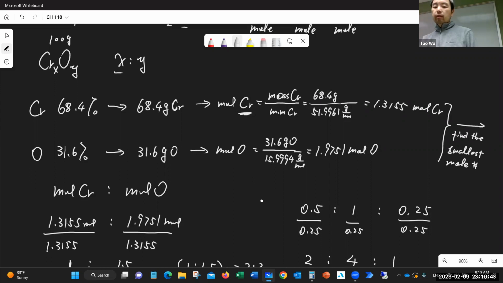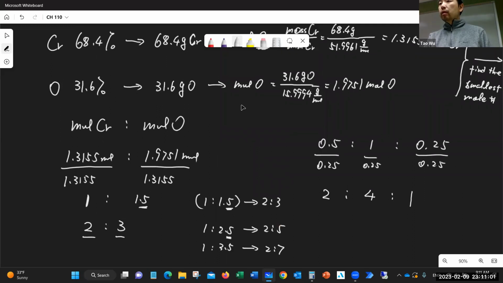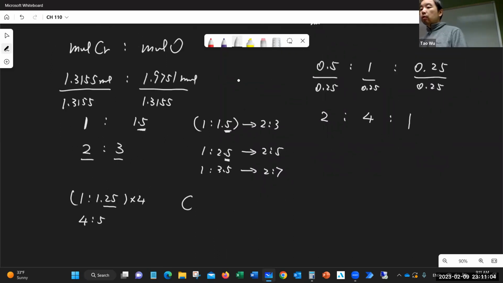Oh, sorry. Actually we haven't done this. The ratio we got is 2/3, but this is not an empirical formula. The empirical formula is the formula you're going to write out. So we're looking for chromium X over Y, right?